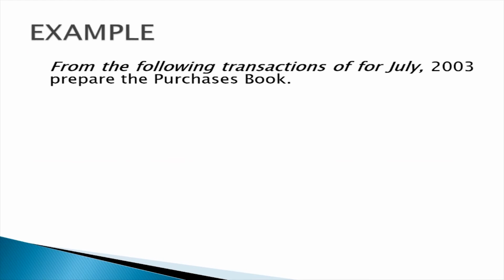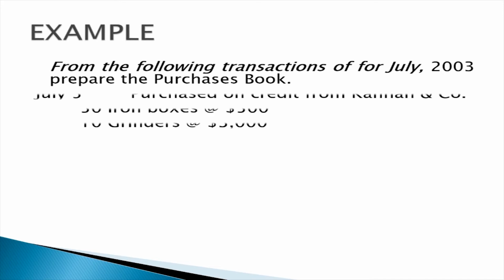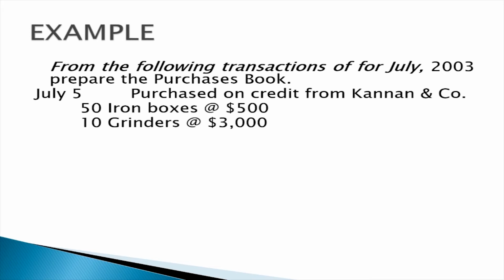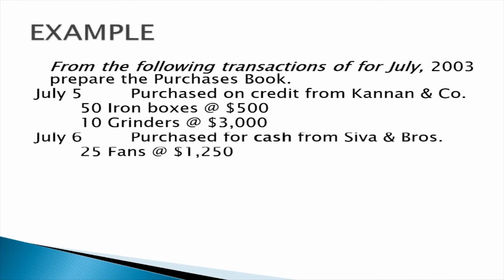From the following transactions of Ram for July 2003, prepare the purchases book. July 5th. Purchased on credit from Kannan and Company 50 iron boxes at $500 each, 10 grinders at $3,000 each. 6th July.